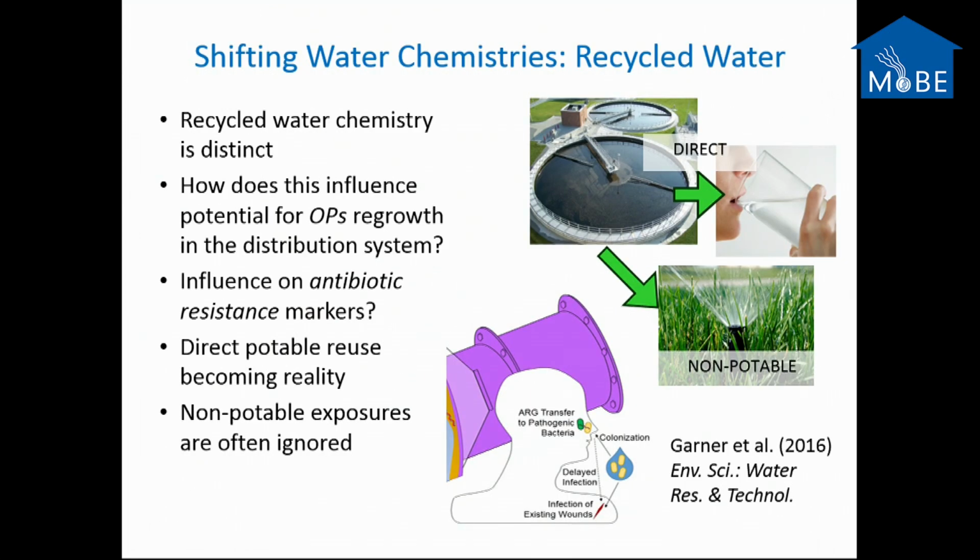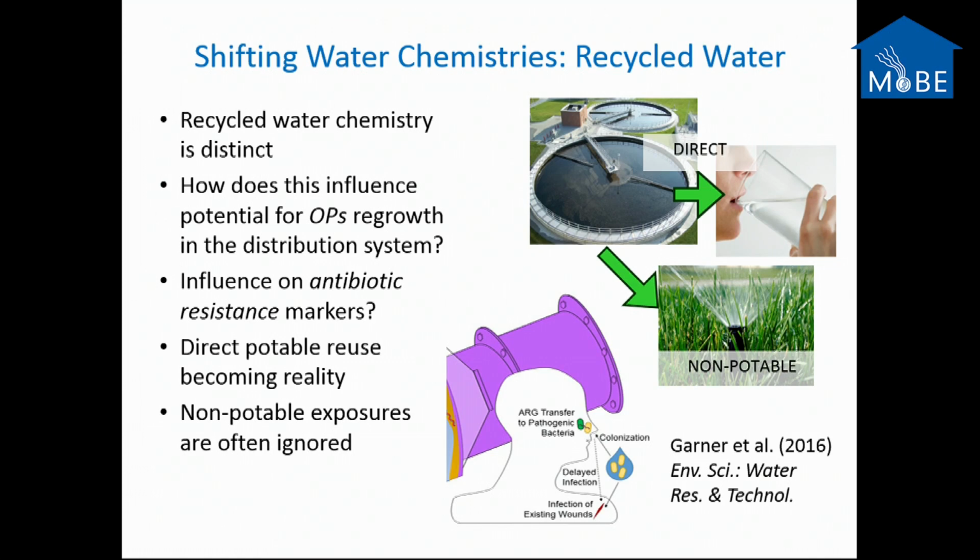So as we're contemplating other shifts in water supply, a big one is recycled water, and it makes a lot of sense to take pressure off of water resources by recovering treated wastewater and treating it to a very high standard. Rita Colwell talked a little bit about this yesterday in the panel.